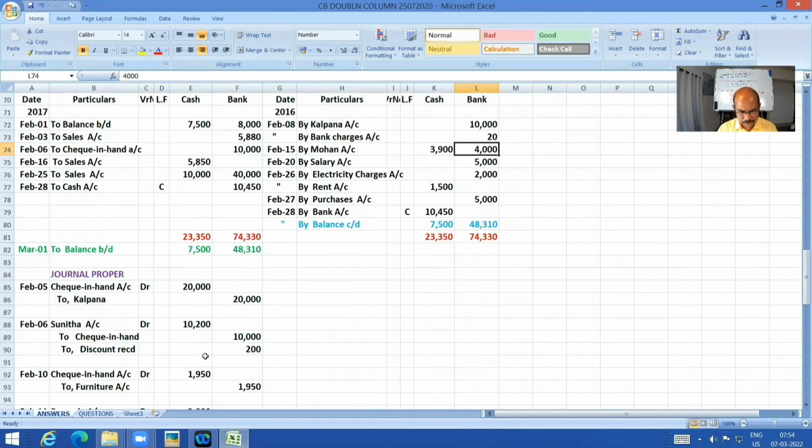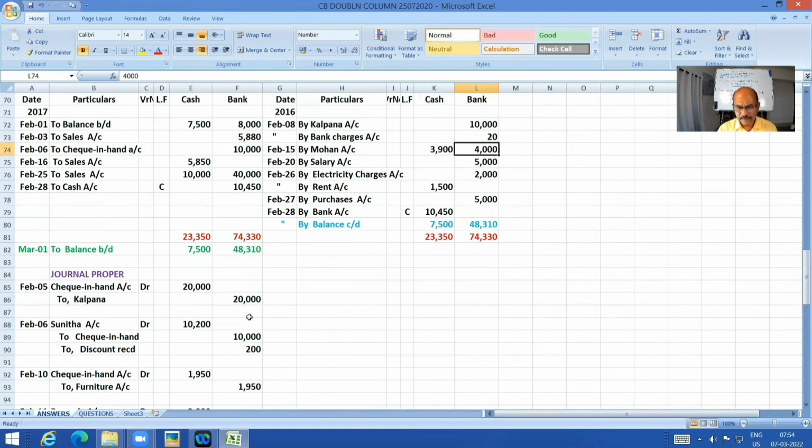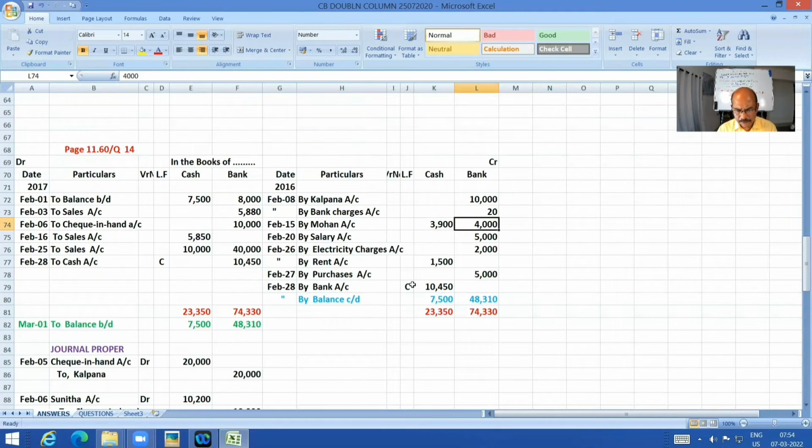Therefore, the cash available was 70,950, whereas I need to keep in the cash box only 7,500. I don't want more money in the cash box. So the difference 10,450 I am depositing into the bank. As simple as that. Okay, by bank 10,050, by cash 10,050. The contra entry, bank to cash 10,050.